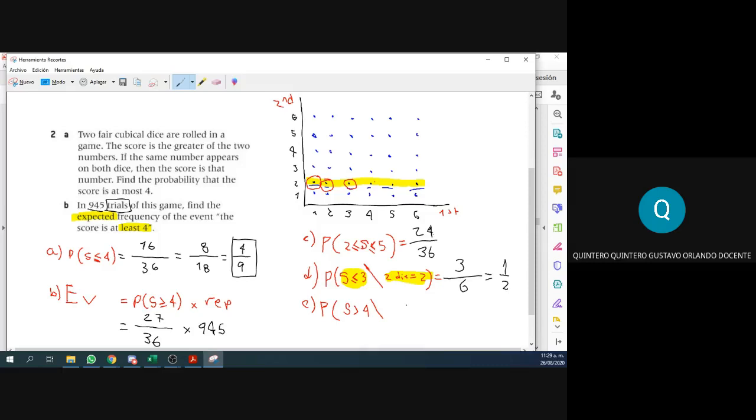But we want the first die to be a 1, a 3, or a 5. There we go. All right, now we are talking.